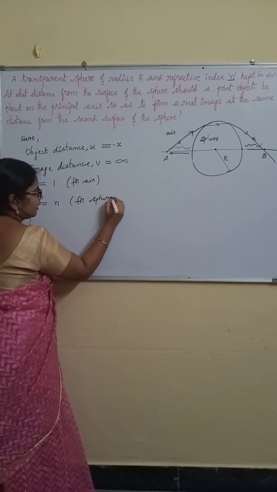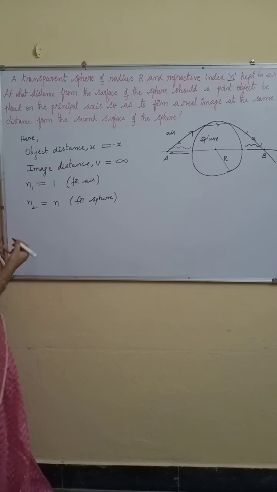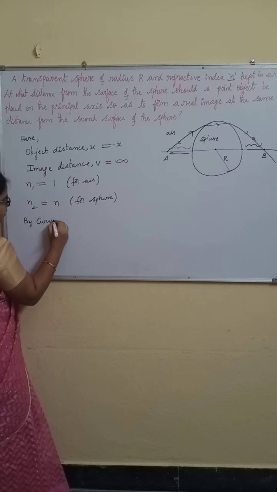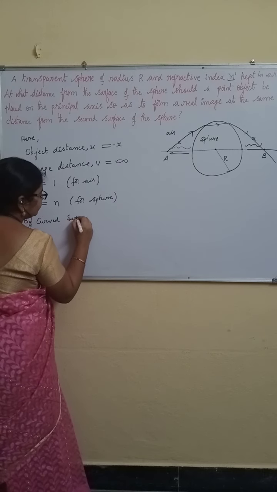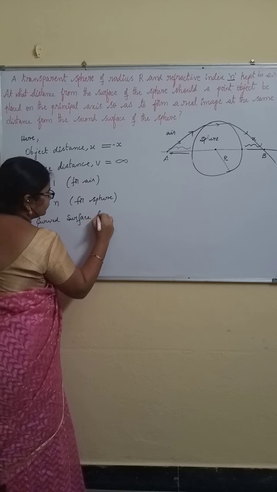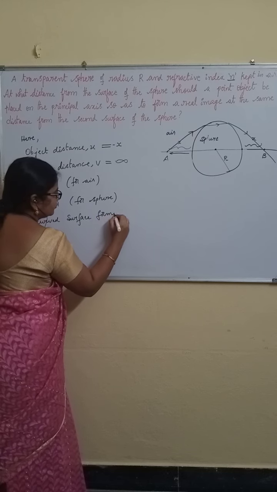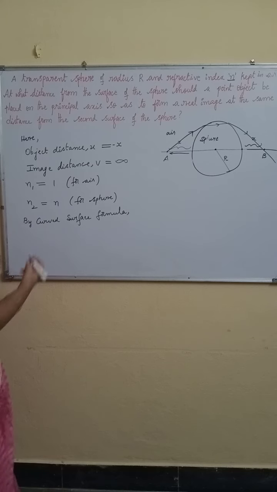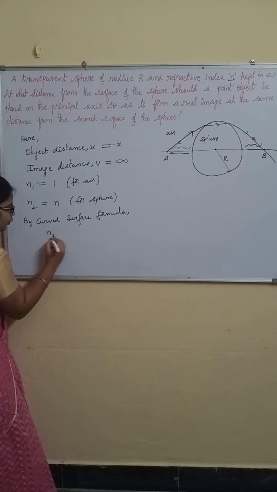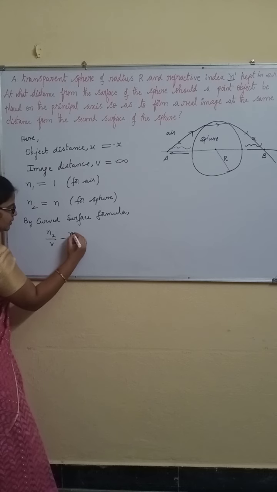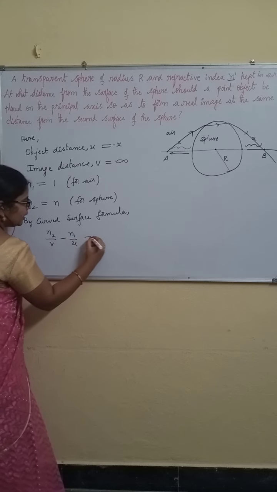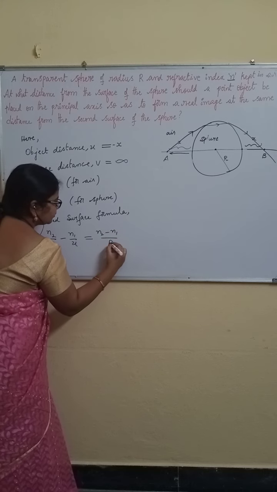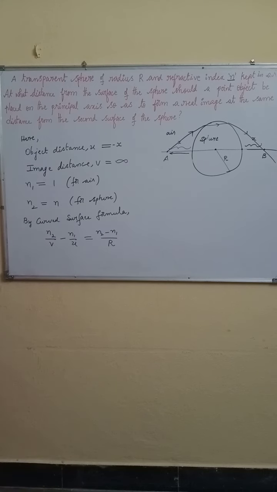So here, by the curved surface formula, what is the curved surface formula? n2 by v minus n1 by u is equal to n2 minus n1 by R, where R is the radius of curvature.